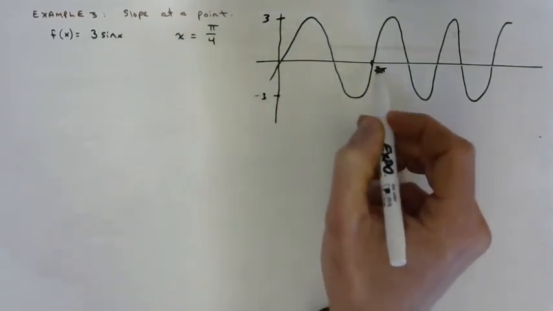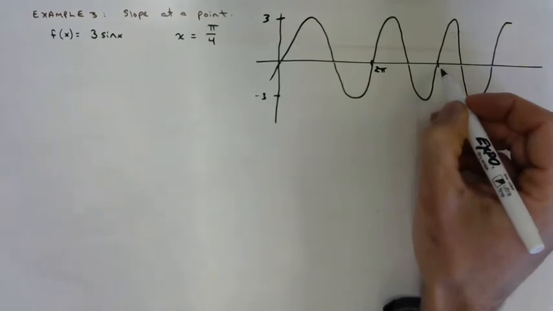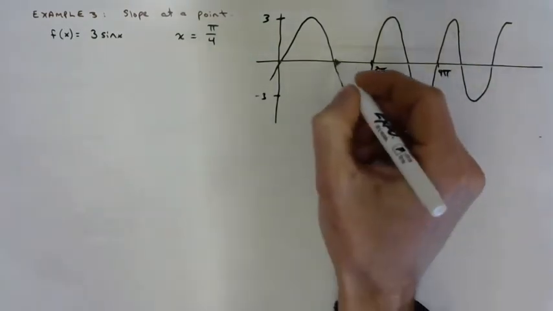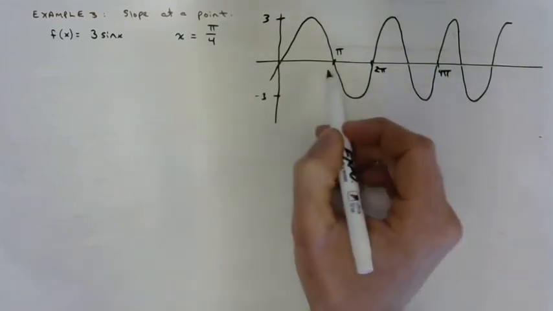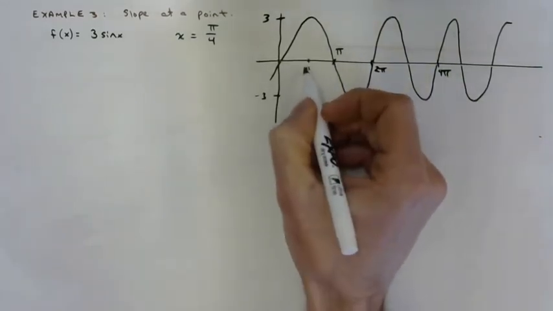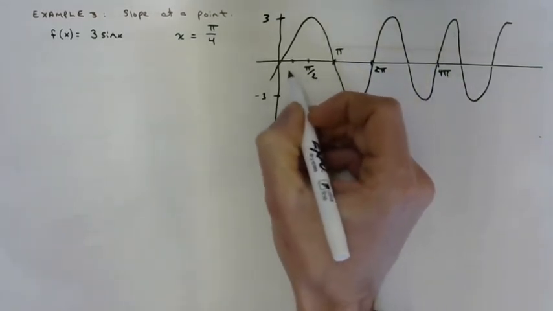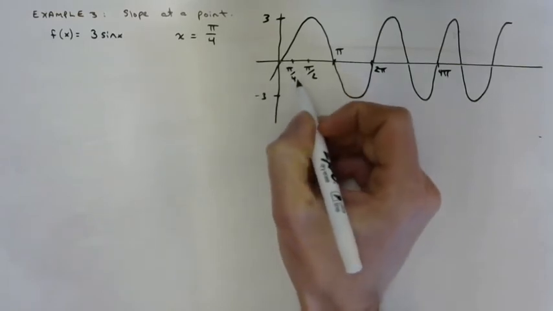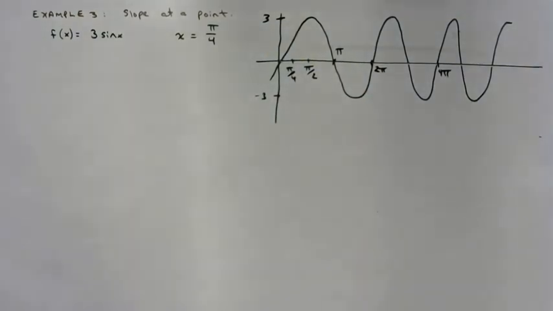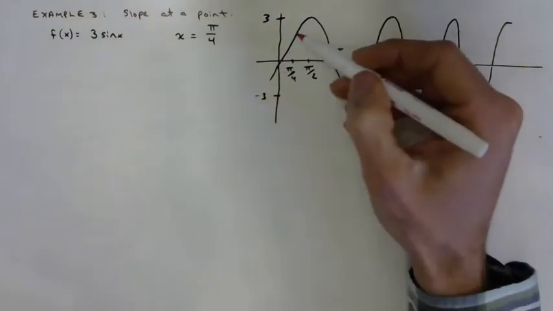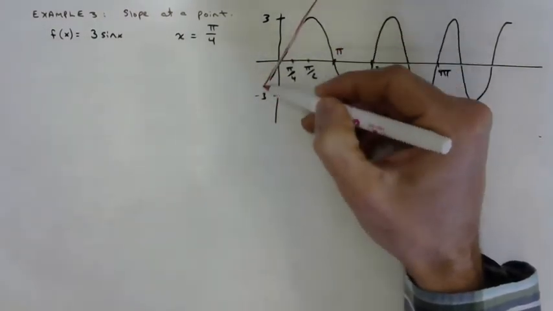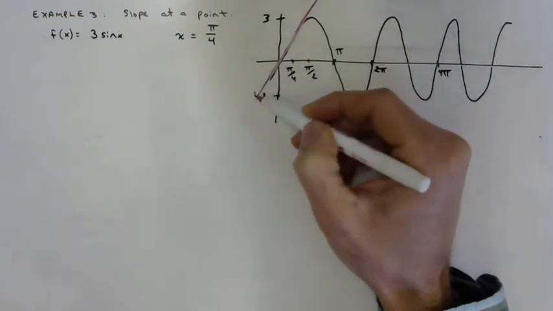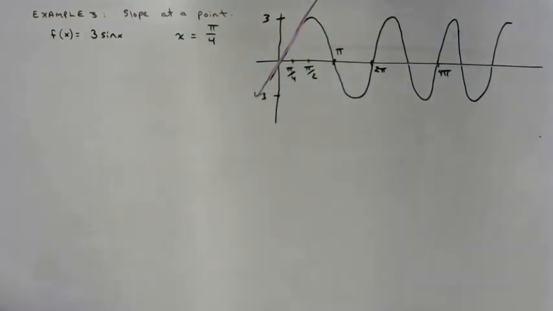So one full period length will be 2 pi. Here's 4 pi. Half a period length will be pi, right? 180 degrees is pi. Here you've got pi over 2. And here is pi over 4. So basically what we're saying is we're looking for the slope of the tangent line approximately here. Yeah? Okay.